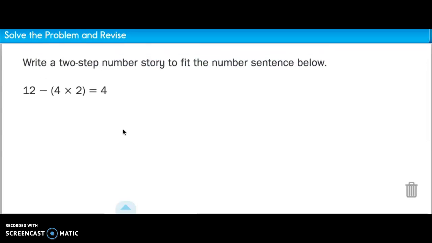Maybe you don't have to make it the same story as mine, but you have to make sure that it fits this number sentence. So if it doesn't, I need you to revise it, to change it. Revise means change so that it fits this number sentence.